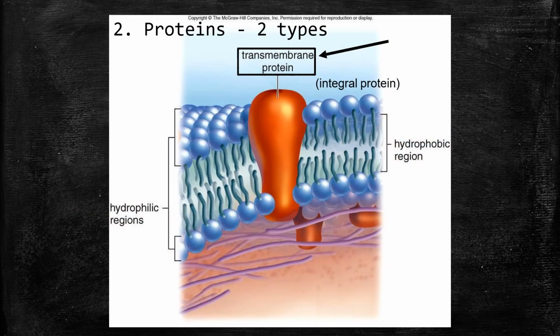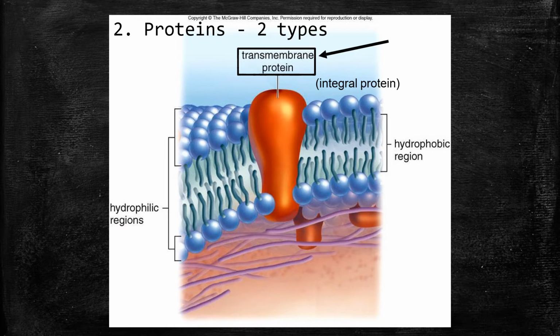Okay, so this is just a model of our membrane. So we have the phospholipid bilayer, and then one of the things that we find embedded in that membrane is proteins. We see that from the freeze fracture electron microscopy.